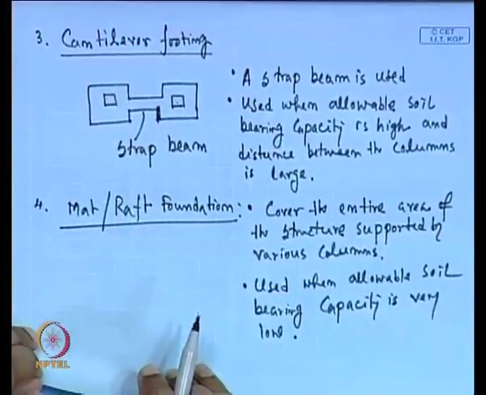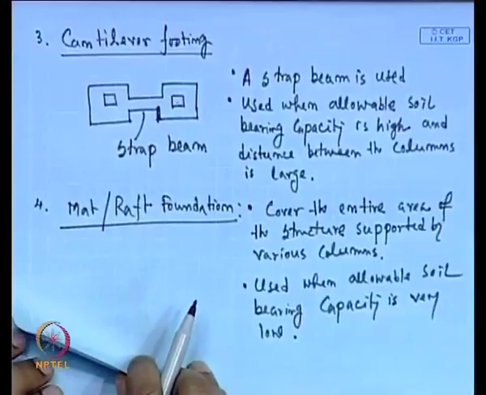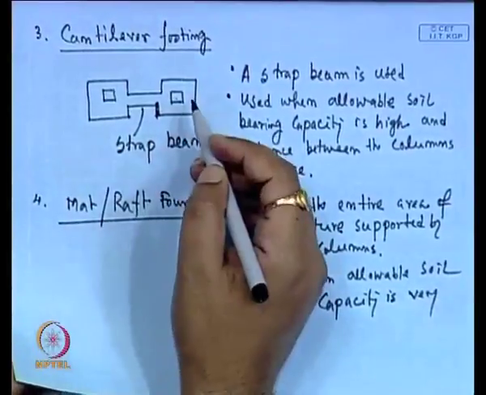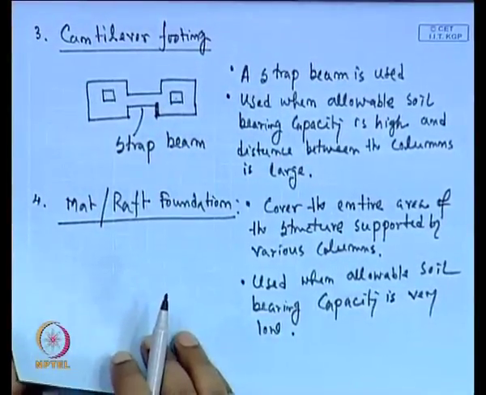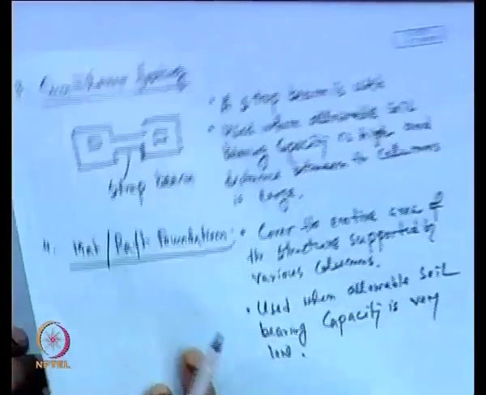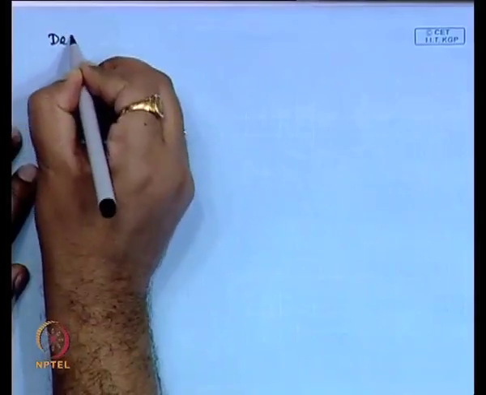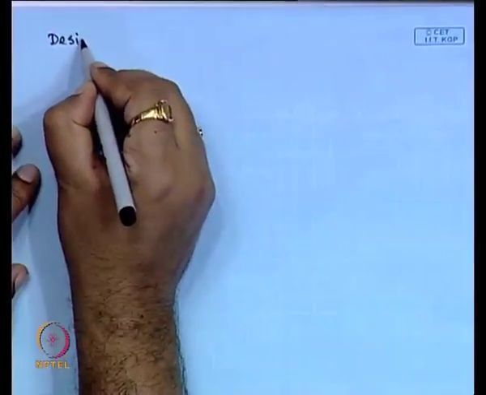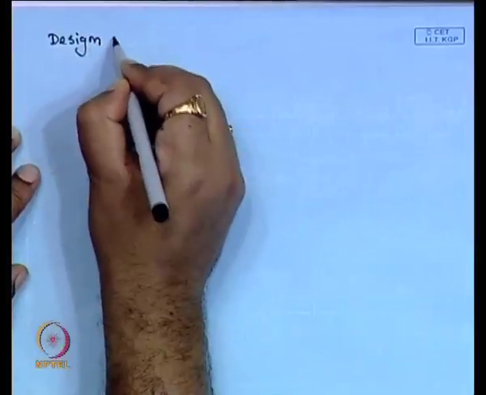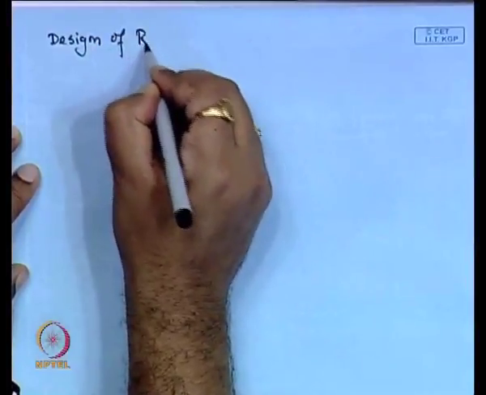First is rectangular combined footing, then trapezoidal combined footing, then cantilever footing, then the raft and mat foundation. Now, in the next section I will design one raft foundation, then how to determine the settlement and the bearing capacity of this raft foundation, that I will discuss.